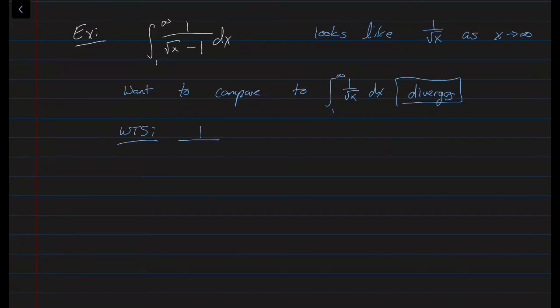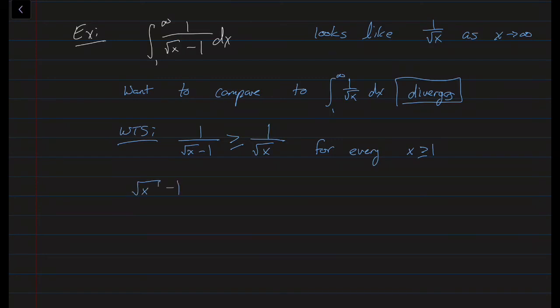So what we need to show is that 1 over the square root of x minus 1 is greater than or equal to 1 over the square root of x, and that's going to be for every x greater than or equal to 1.